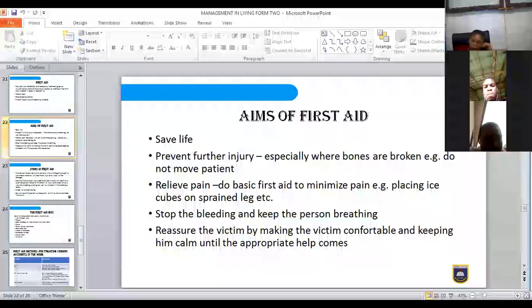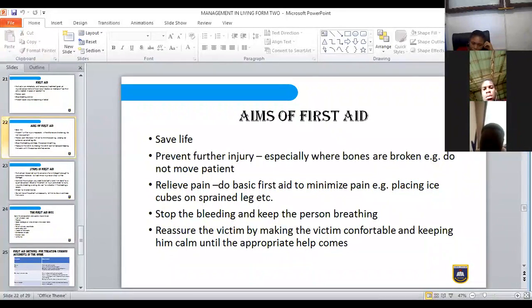Now, aims of first aid. We give first aid in order to save life. Remember, with the objectives, we said that first aid is given to stop bleeding. People can bleed to death, so if you give first aid, that will help save life. Again, you prevent further injury. For instance, with the open wound, you have to prevent it from being infected.